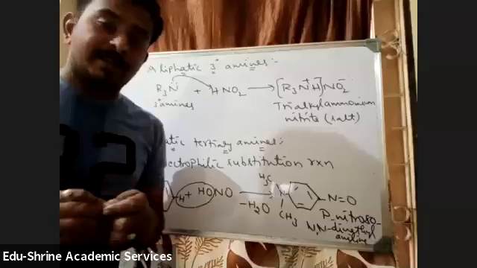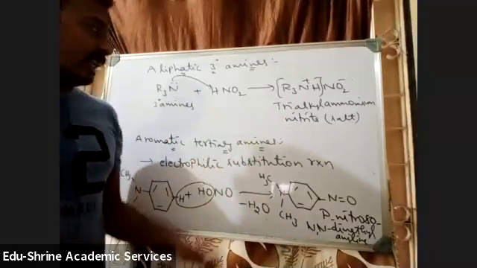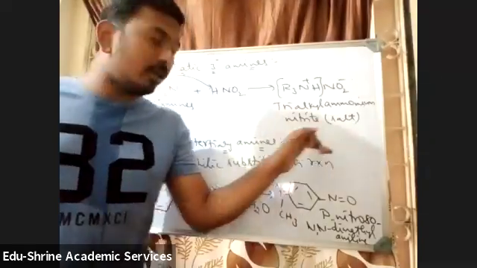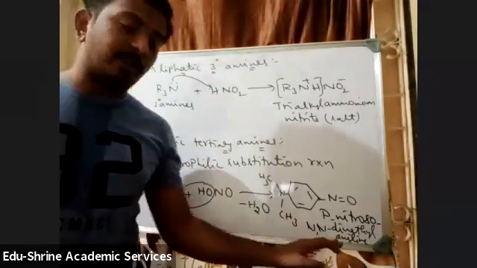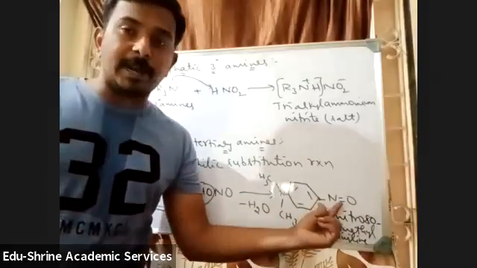So this is how nitrous acid reacts with tertiary amines. With aliphatic tertiary amines, we get a nitrite salt. With aromatic tertiary amines, we get an electrophilic substitution product, so the NO group will be substituted at the para position.